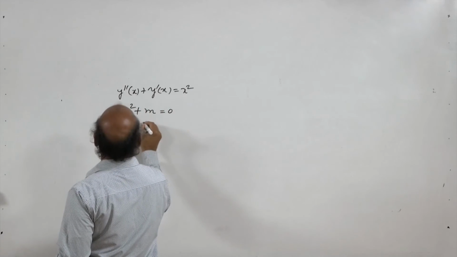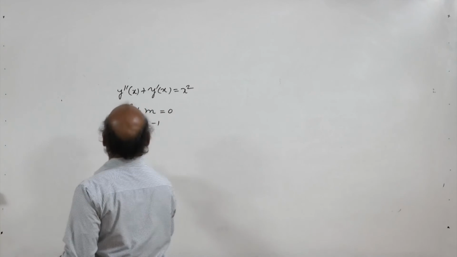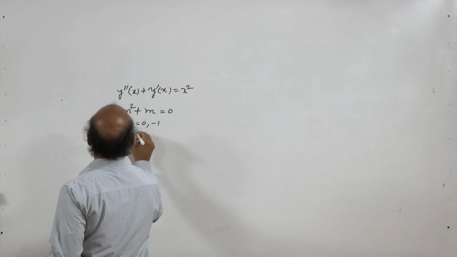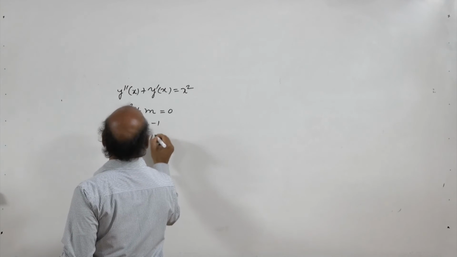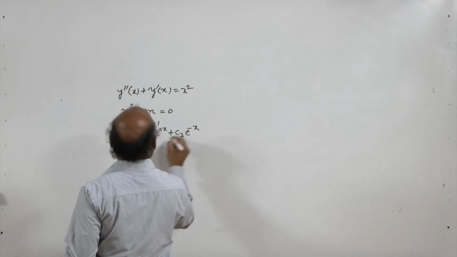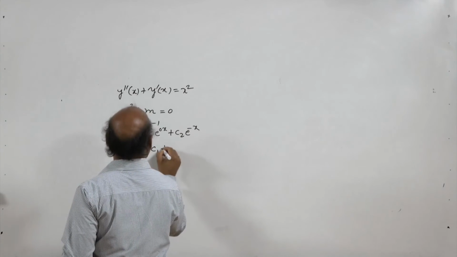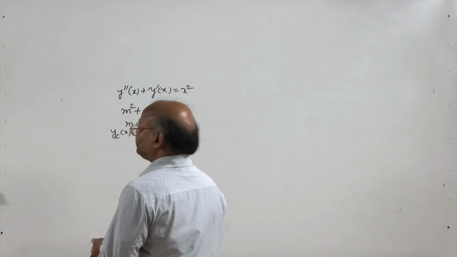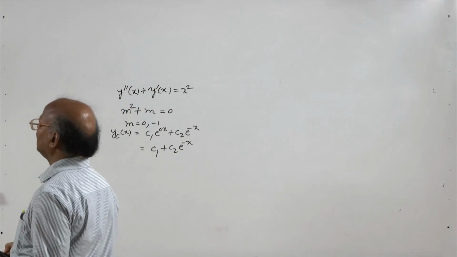So m equals 0 and minus 1, and therefore the complementary function yc(x) is equal to c1 e to the power 0x plus c2 e to the power minus x, or we can say c1 plus c2 e to the power minus x. Now let us look at the table.